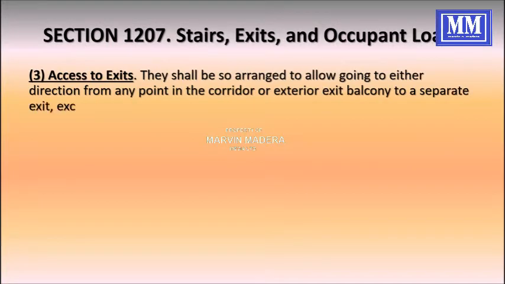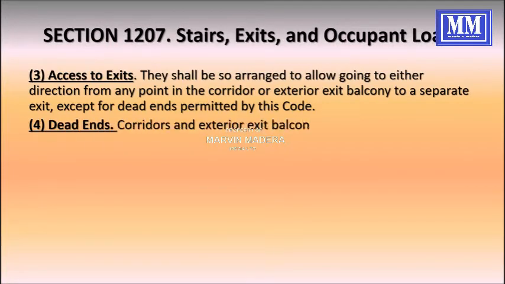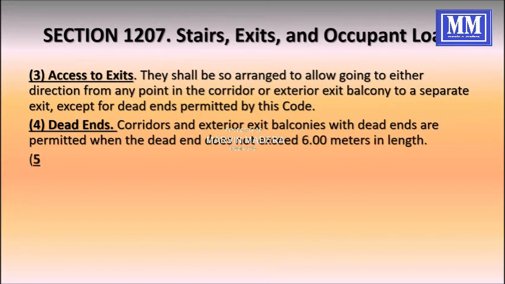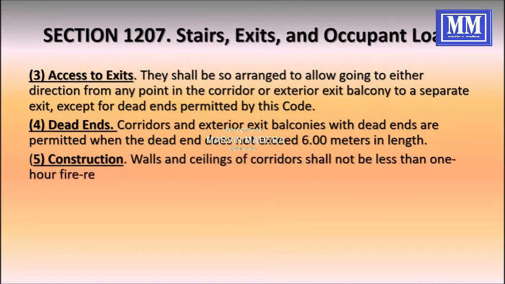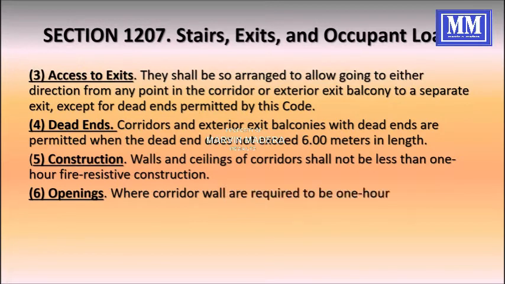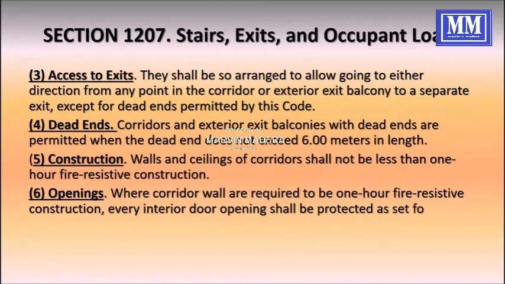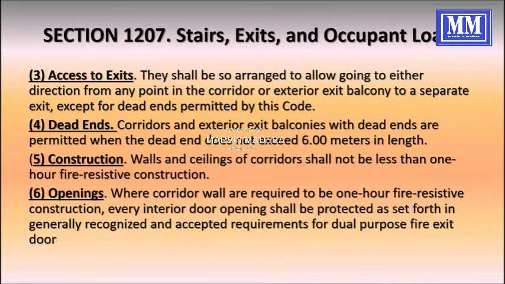They shall be so arranged to allow going in either direction from any point in the corridor or exterior exit balcony to a separate exit, except for dead ends permitted by this code. Dead ends: corridors and exterior exit balconies with dead ends are permitted when the dead end does not exceed 6 meters in length.